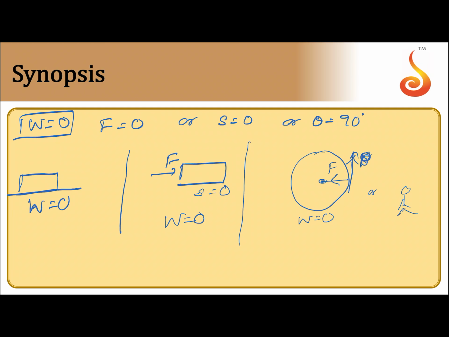Let's assume there is a porter carrying a load on his head and moving along this direction. Work done by gravity is 0 because gravity and displacement are perpendicular to each other. You can use any of these examples to prove that work done is 0.